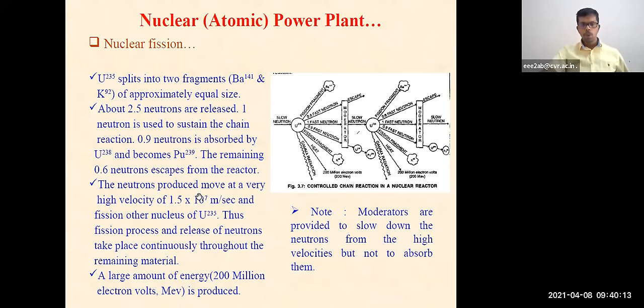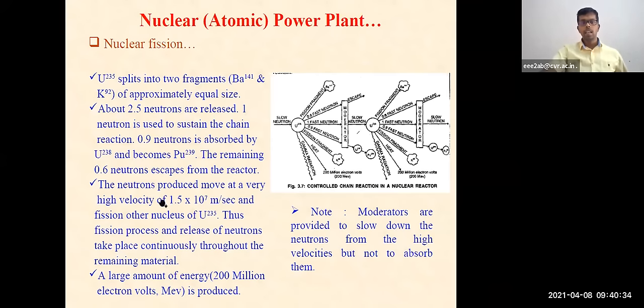The neutrons produced move at a very high velocity of 1.5 into 10 to the power of 7 meter per second. What is the speed of light? Light is 3 into 10 to the power of 8 meter per second.